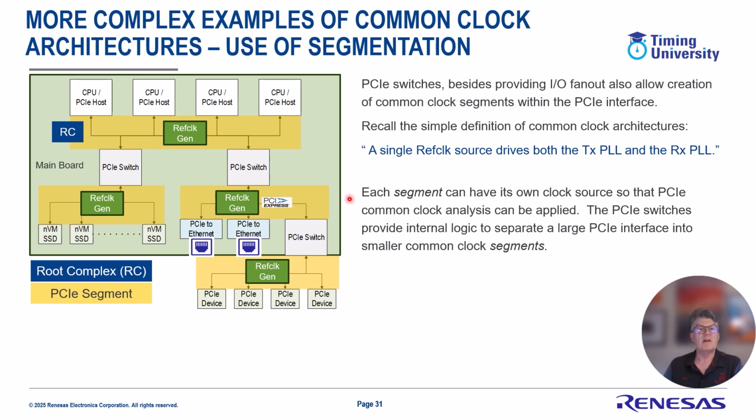And then down here, you would have a common reference clock source so that these interfaces would be common clocked, and likewise over here and then down here as well. So that is one of the great benefits of PCI Express switches. You can actually take this really complicated PCI interface and segment it into common clock pieces, and the pieces are much smaller than the overall system.